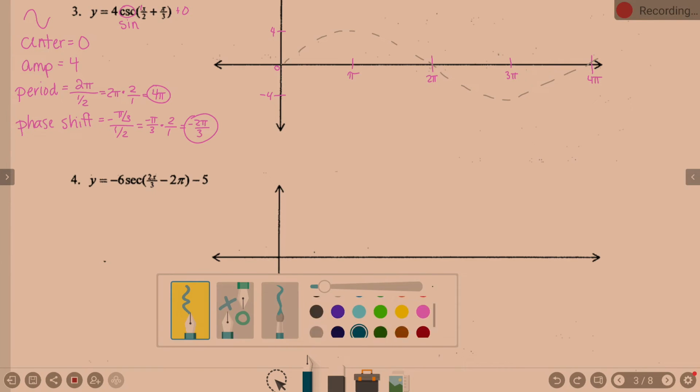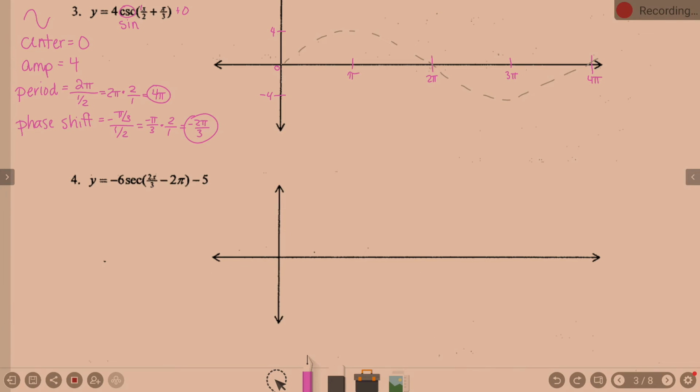Now, I need to go back to labeling, because I have to phase shift this left 2 pi over 3. But I don't have any type of third markings on here, do I? So what do we need to add here in order to be able to talk 2/3 left? If I'm currently labeled in whole pi's, what's going to be the easiest way to label this? What do you know about 1 pi? 1 pi breaks into 3/3, right?